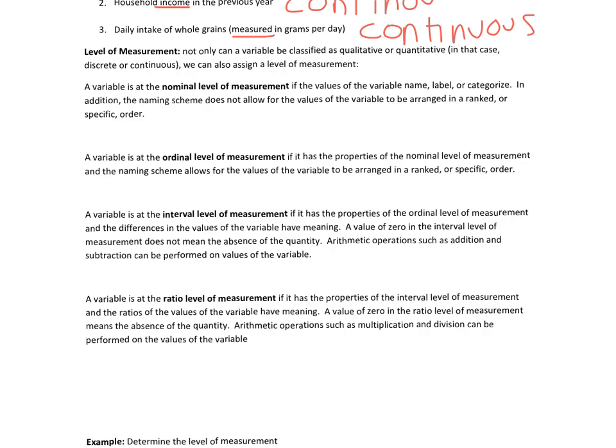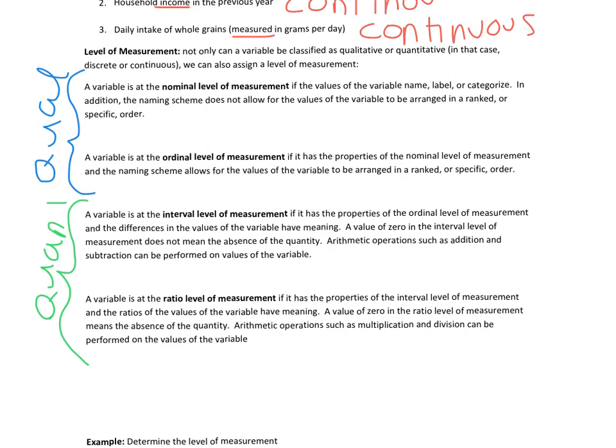All right, so it just gets stronger as we go down the list. Before we look at them, only qualitative variables have the first 2 level of measurements. So I'm going to write qualitative. And only quantitative variables have the last 2 level of measurements.